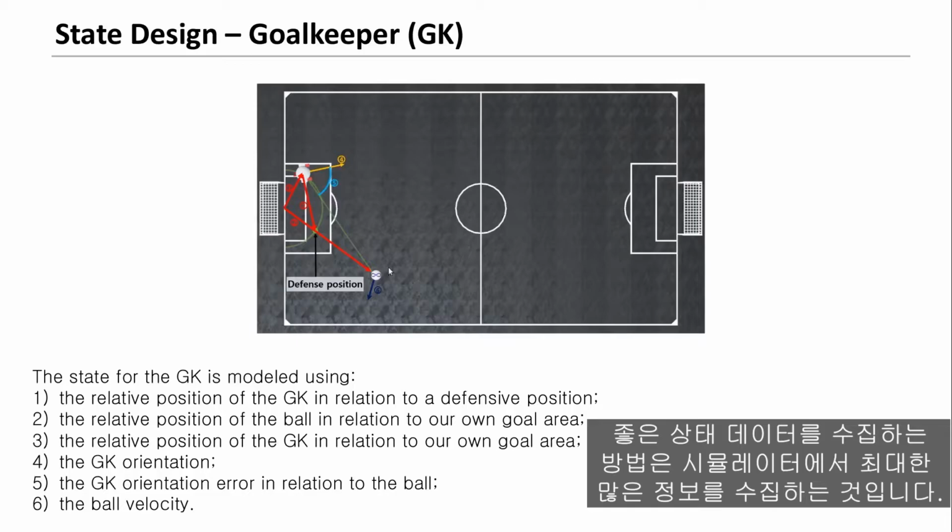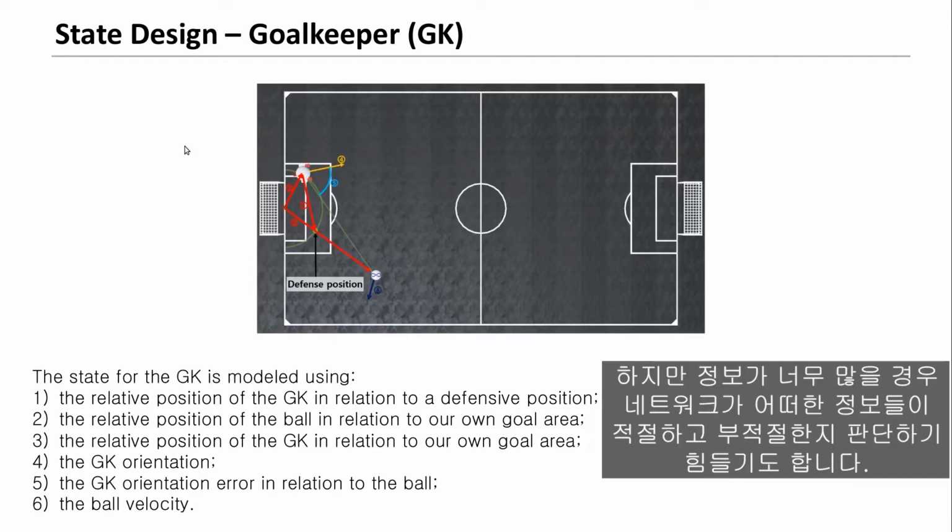For the state, we can think that the best state possible is using all the information that we receive from the simulator. But using all that information is a lot for the network to decide which information is relevant and which is not.